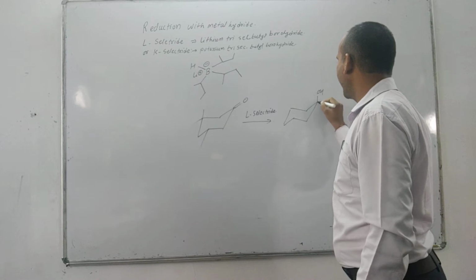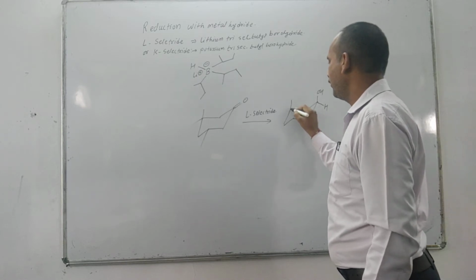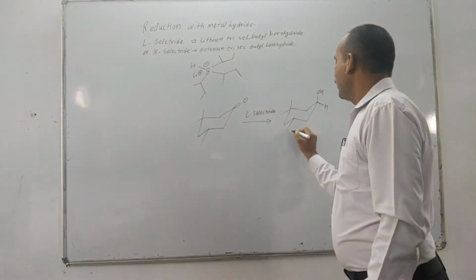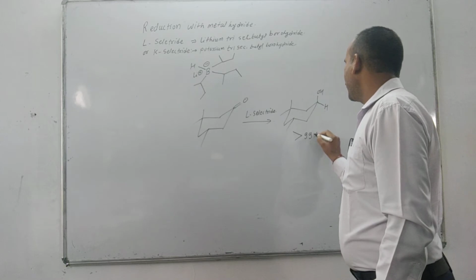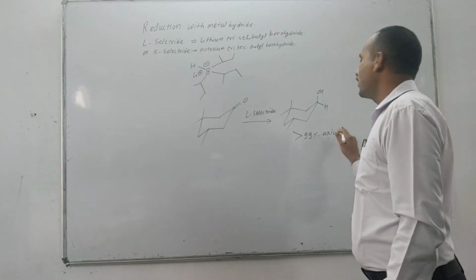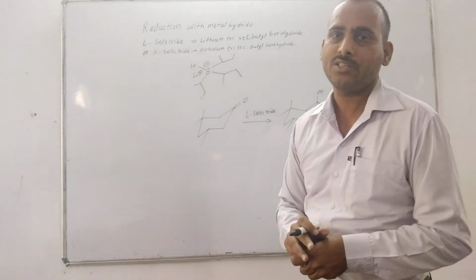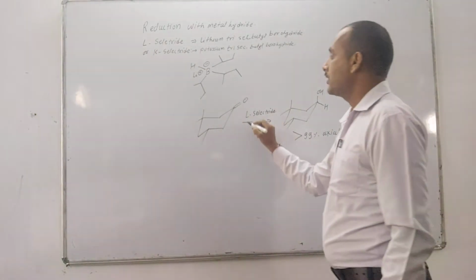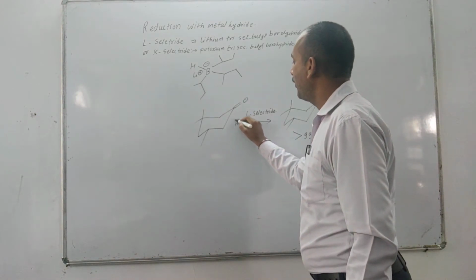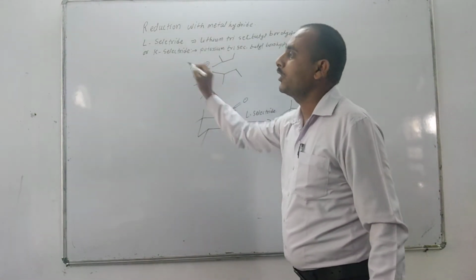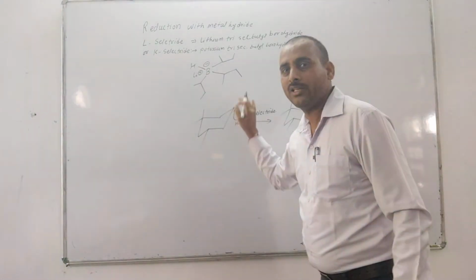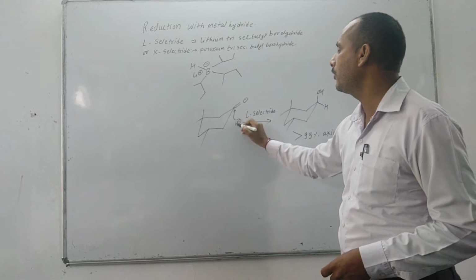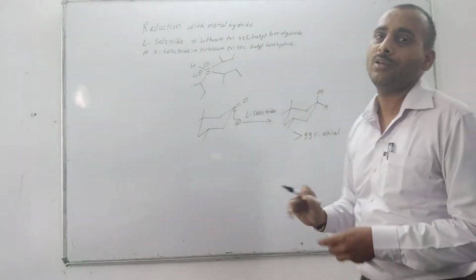So OH goes to axial and H goes to equatorial. This product is obtained with more than 99% axial OH using L-Selectride. That means the hydride attacks equatorially, and there is formation of OH on the axial position.